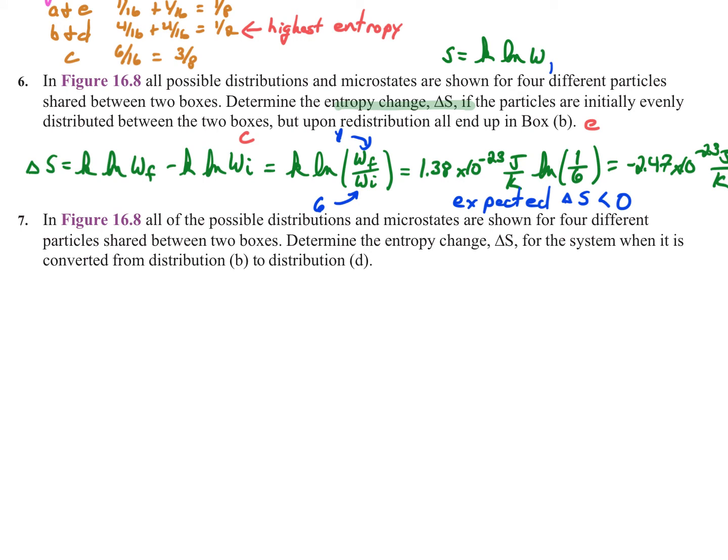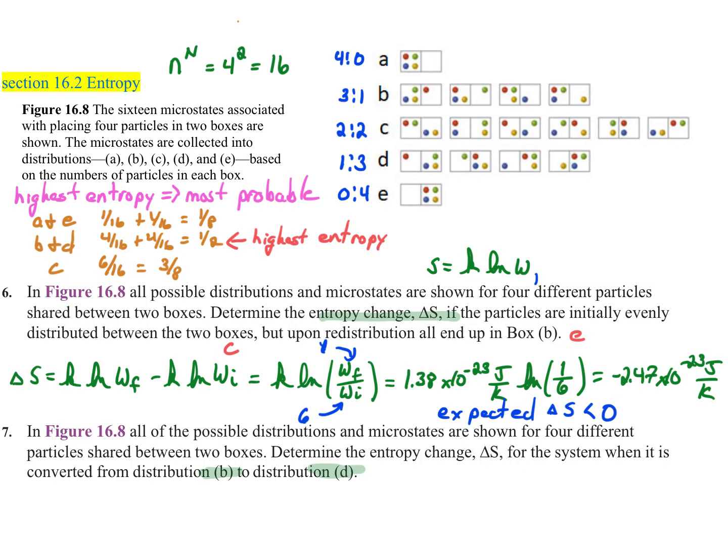The second question asks us about the entropy change for a system when it goes from distribution B to distribution D. We see that distribution B and D are equivalent, and they each have 3 particles in one box and 1 in the other box. So we would expect there would be no change in entropy.